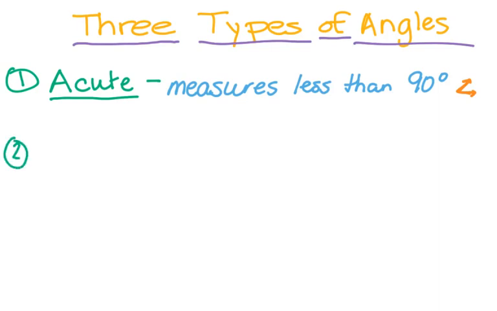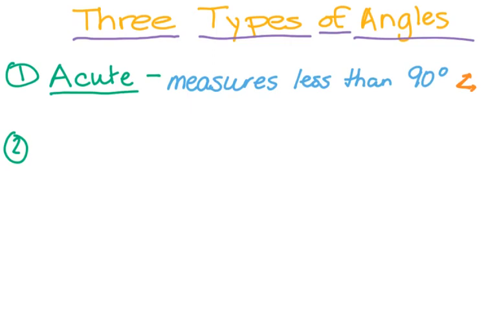All right, next type of angle we're going to talk about is called a right angle. Now, most of you probably know what a right angle measures, and if not, you're going to learn.